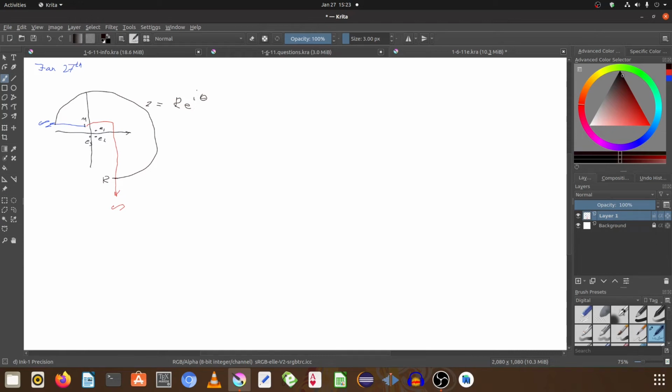That path integral vanishes. So if the path integral along this large circle will tend to 0 as r tends to infinity, then the two integrals, the two path integrals, give the same value, meaning that the result is well defined.